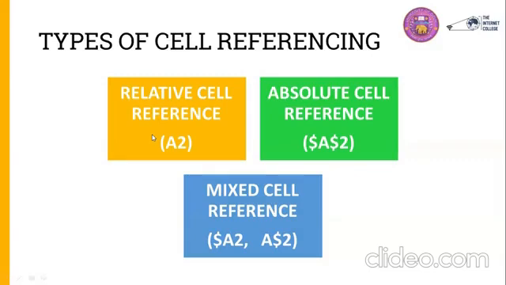To make the reference absolute, I am simply going to insert a $ sign before the row as well as the column position. So row and the column position, before each of these, I am going to insert a $ sign.